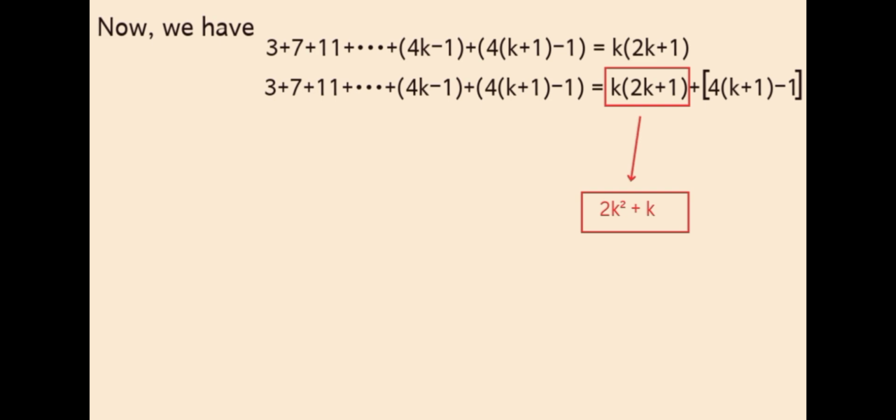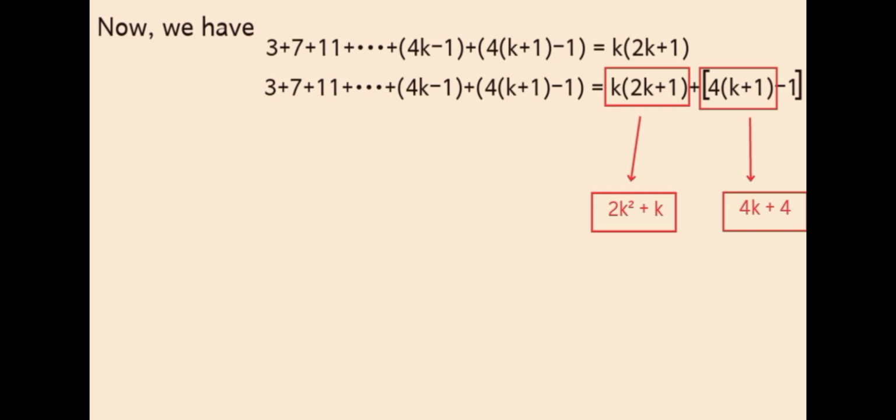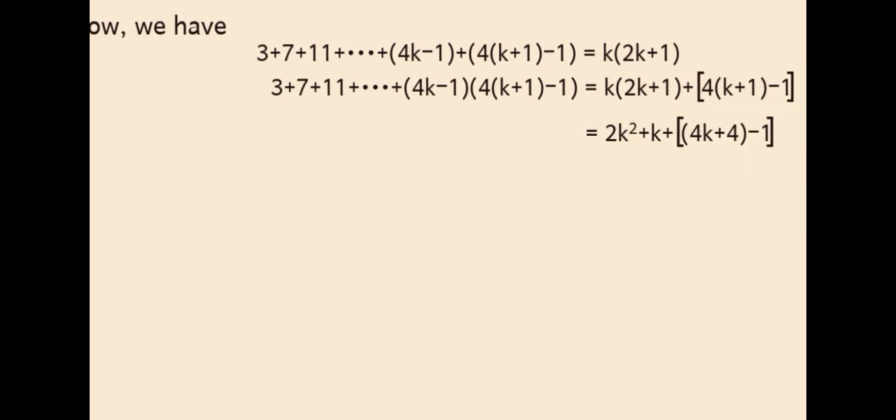And also, the last part of the equation can be simplified by distribution, where 4 times the quantity k plus 1 can be simplified as 4k plus 4. And our statement on the right hand becomes 2k squared plus k plus the quantity 4k plus 4 minus 1. This equation can be simplified as well.